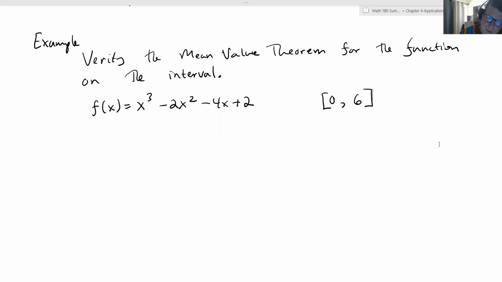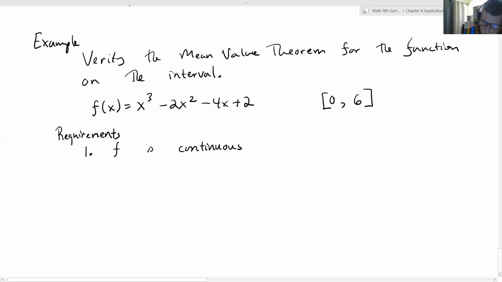Okay. So now, the mean value theorem is first, we've got the requirements. Like any other proof, we're going to have some requirements. One, f is continuous on 0 to 6. Is f continuous on 0 to 6? Tell me, and then tell me why.